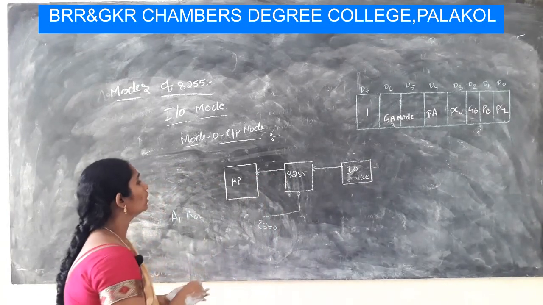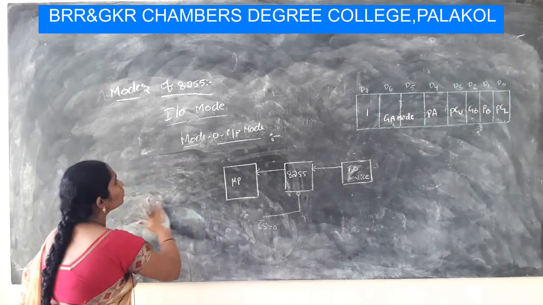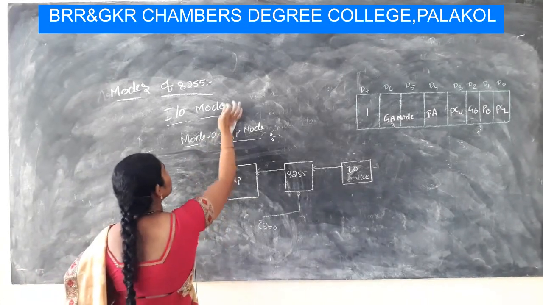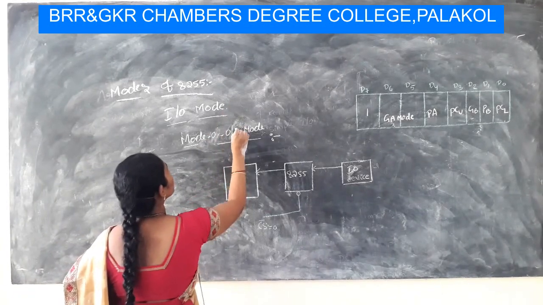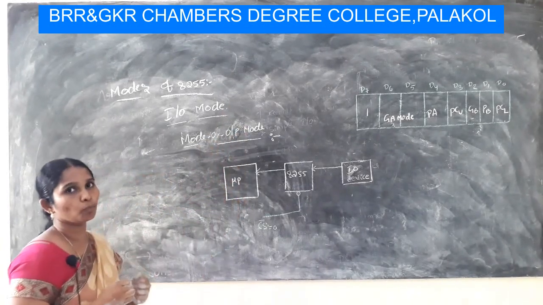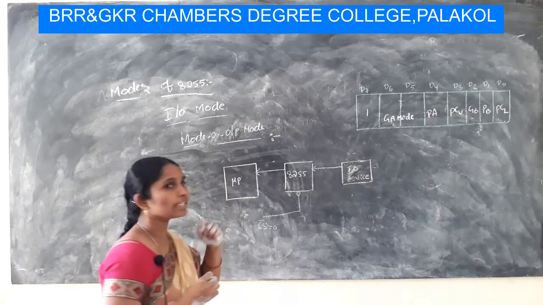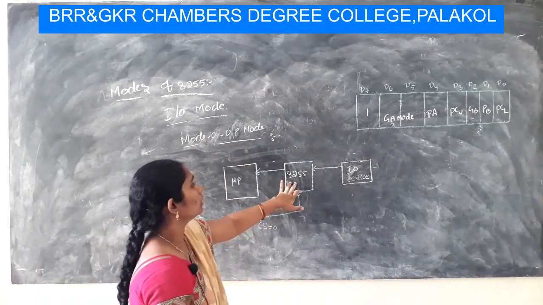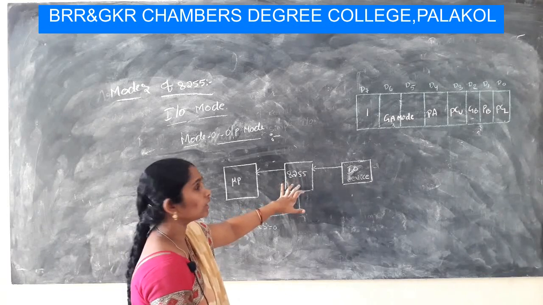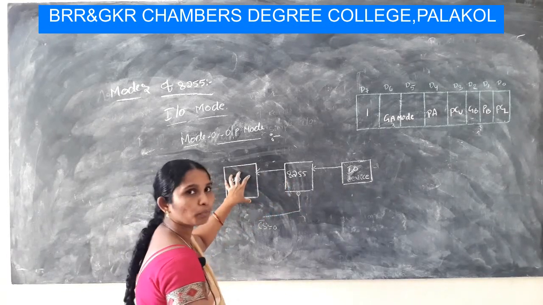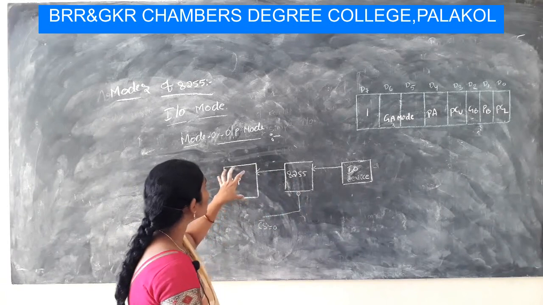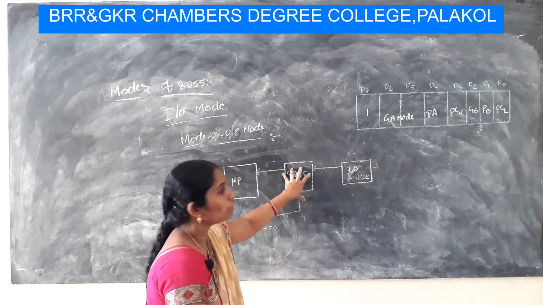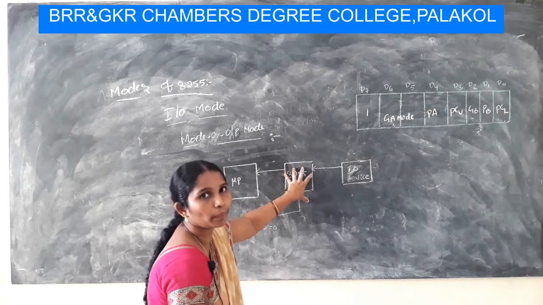And next coming to the output mode. So here mode 0 output mode. In this output mode also, the microprocessor gives the signal to this 8255 for performing the operation.